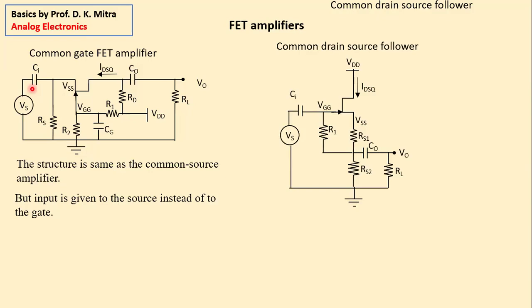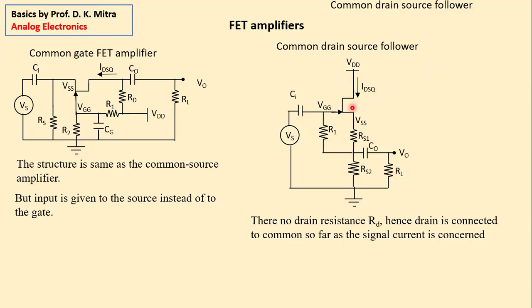This is a common drain, source follower, which is equivalent to the BJT common collector, emitter follower. Here, what you see, there is no drain resistance RD. That means there is no resistance between the power supply and the drain, like here is a resistance between power supply and the drain. Here there is no. As a result, what happens?